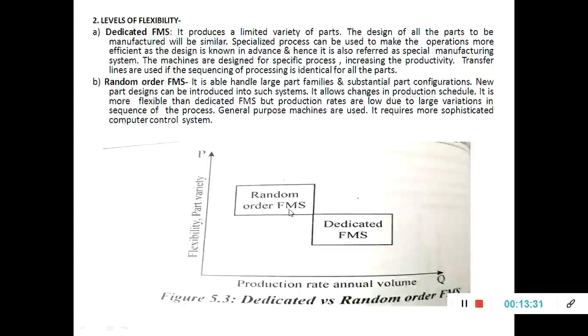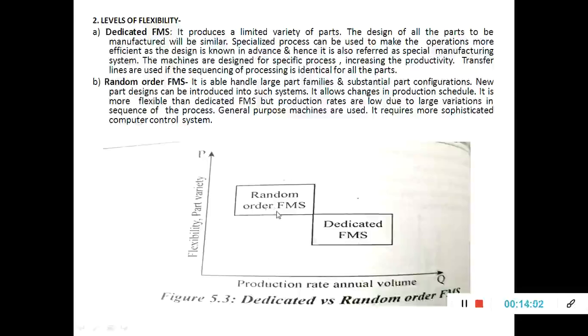Random order FMS. The term itself indicates that random order FMS is going to handle a large part variety of workpieces. So is there any change or modification going to be done? That can be done, and many different part variety products can be manufactured, but the production rate is very low as compared to the dedicated FMS.